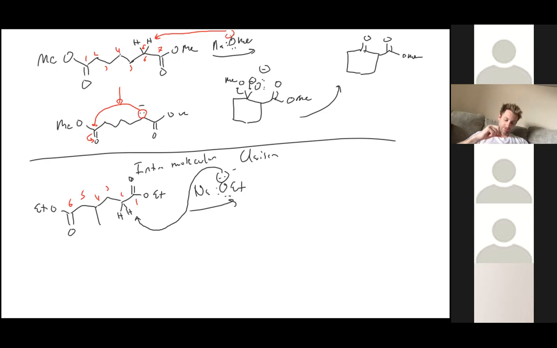When we pull off this proton, we're going to make one of our two products. We are going to make a ring between carbon 2 and 6, which means this would be a 5-membered ring, because 2, 3, 4, 5, 6 would be 5 carbons in between them.